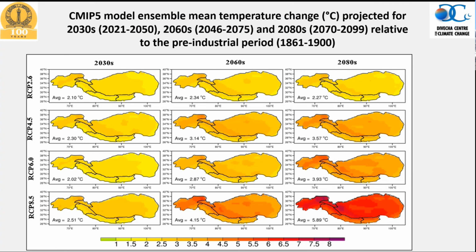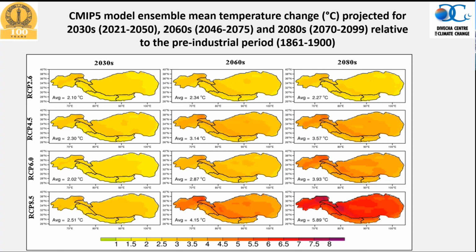So let us now move a little bit further. That means we have now come to around a decade earlier than today, and we now have the CMIP5 model, and there people have used the ensemble mean temperature rise in the Himalaya.